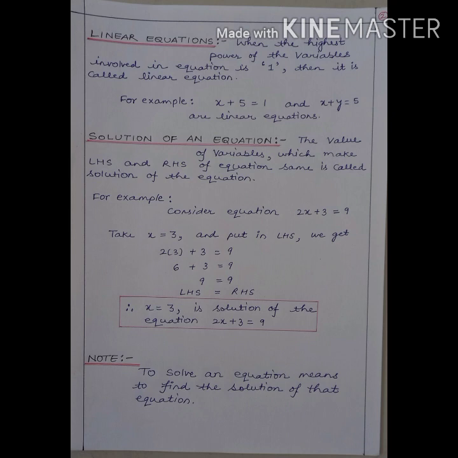For example, x plus 5 equal to 1 and x plus y equal to 5 are examples of linear equations. Why? Because the power of x in the first equation is 1, and the power of x and y in the second equation is also 1. So therefore these two are linear equations.